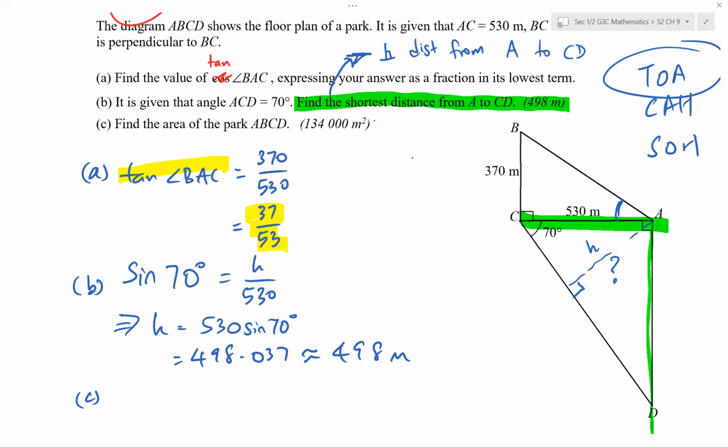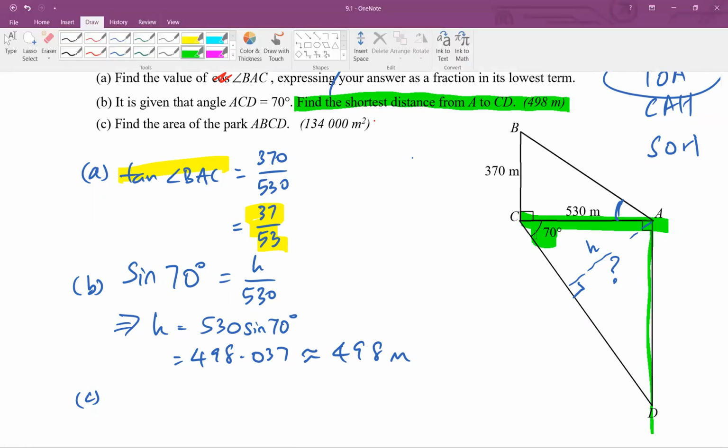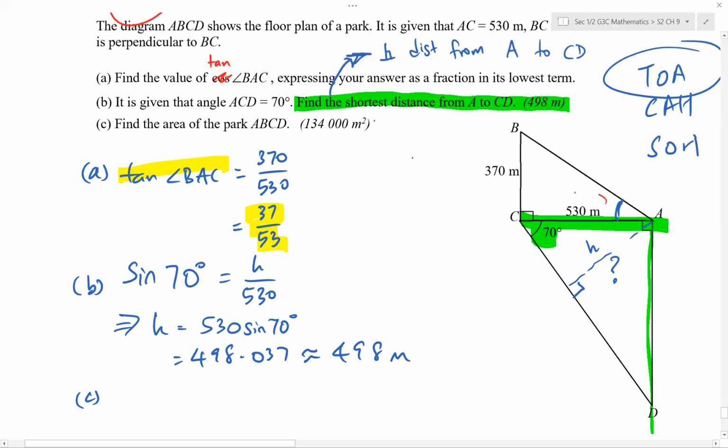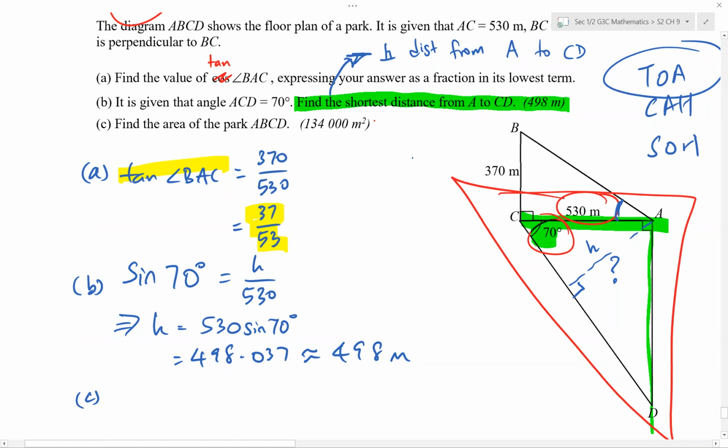Are you able to find that? Using a trigo ratio, sure you can. You've got 70 degrees. You've got 530 meters. So with respect to this 70 degrees, considering the bigger triangle, our 530 is now the adjacent.